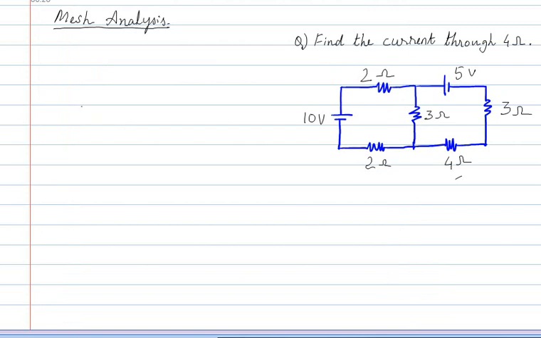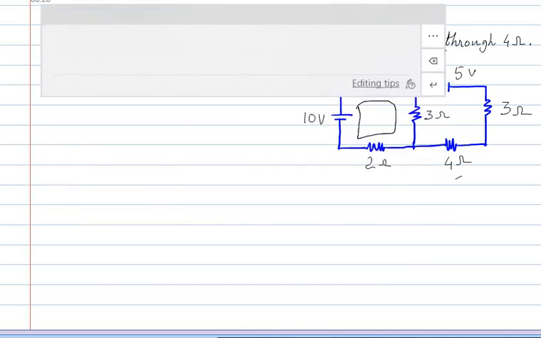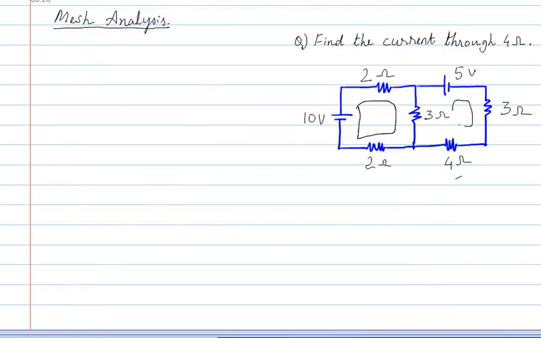Now let us start the mesh analysis. The basic understanding of mesh analysis is that any circuit may have different meshes. Here the meshes that we are having are the first mesh, which goes something like this, and the second mesh which goes something like this.